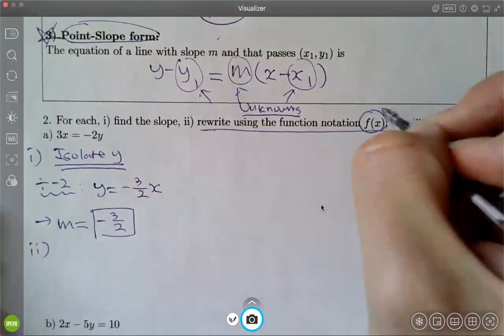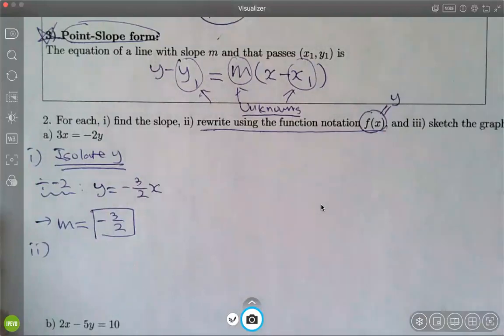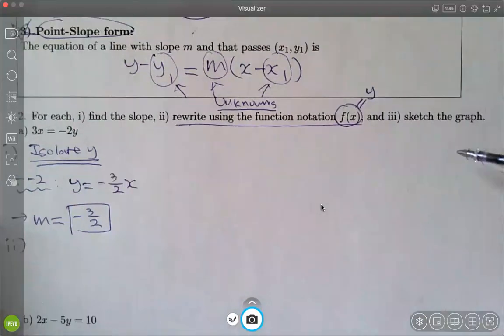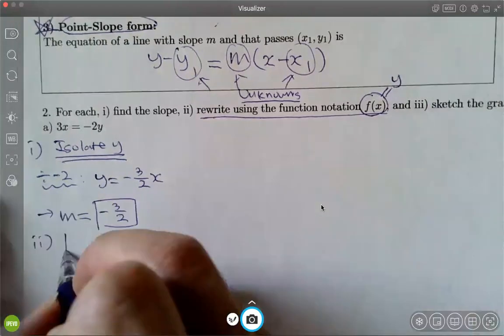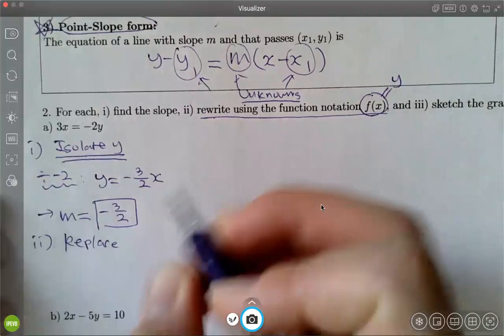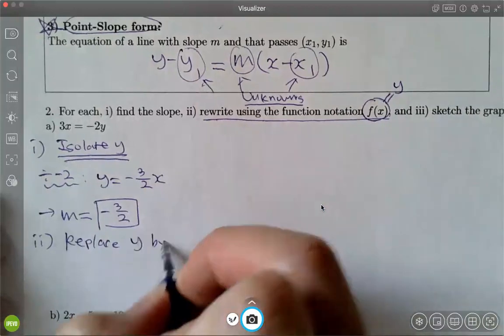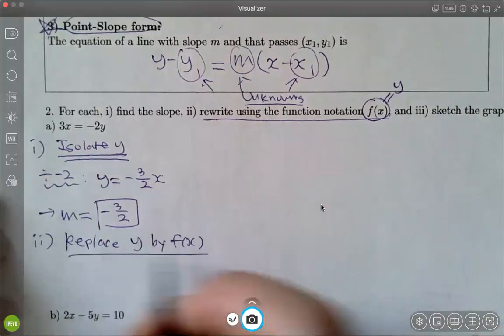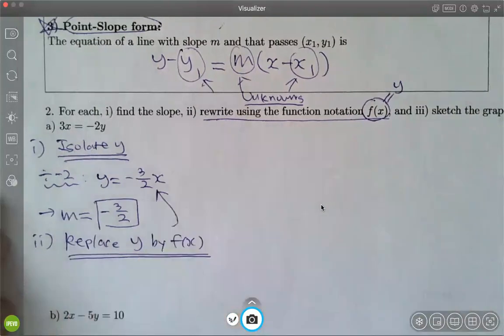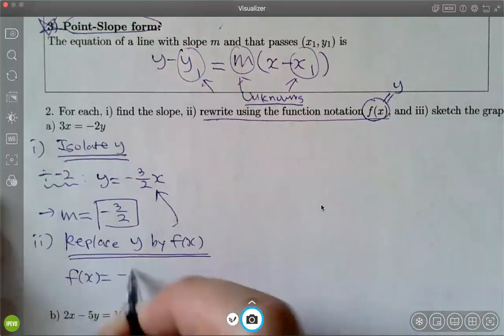The y, right? So what do you have to do? Just replace y with f of x, right here. Okay, so what's the answer? F of x equals -3/2 x. That's it.